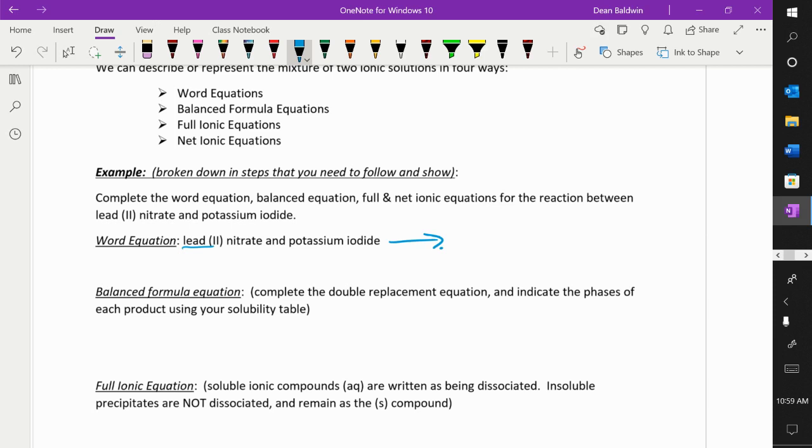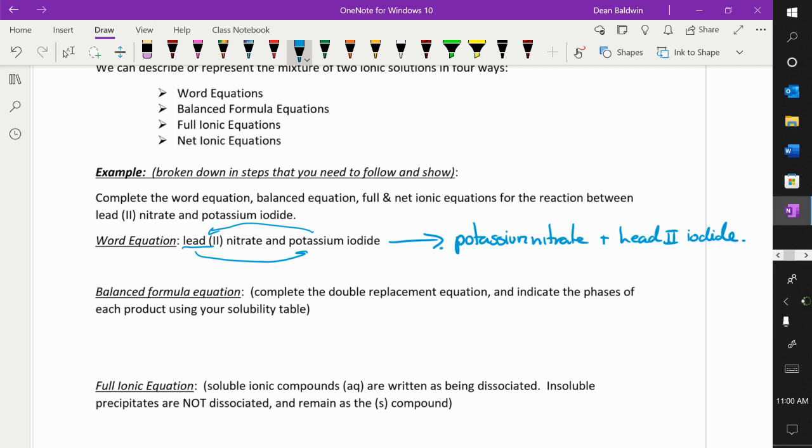What's going to switch? If you mix 2 ionic compounds, what switches? The lead and the metals will switch, right? Okay, so they're going to switch. So you're going to get potassium nitrate and lead 2 iodide.